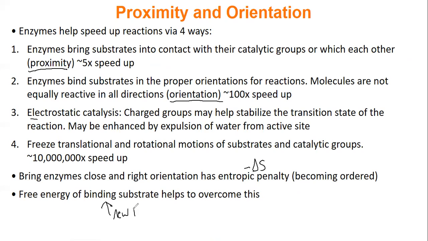New bonds. And this could be like hydrogen bonds, ionic bonds, covalent bonds that we talked about with covalent catalysts. But anyway, we bind our substrate, it's helping to overcome the penalty we have to take in order to hold it still.